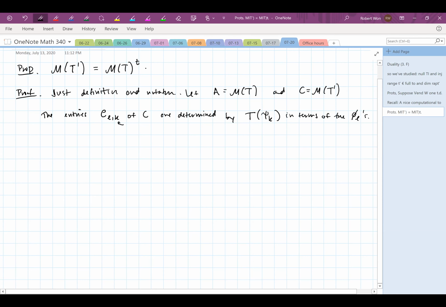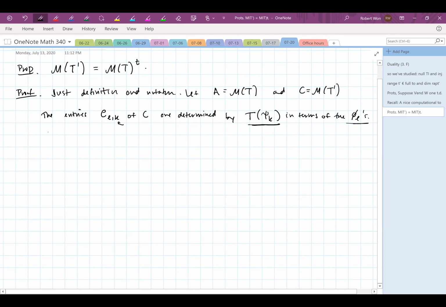So if you fix a column, let's say you want C11, C21, C31, C41, C51, that's the first column. The first column is determined by T of psi 1 in terms of the phi's. That's what I mean here.